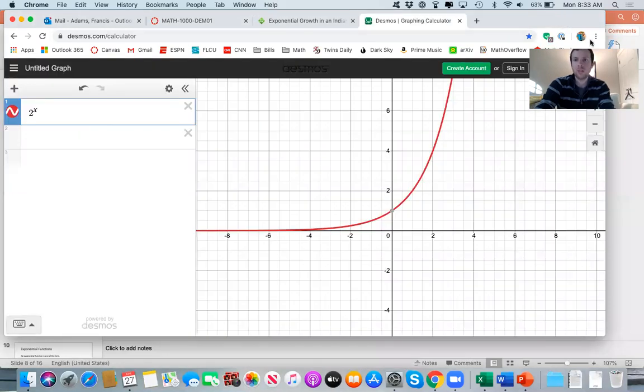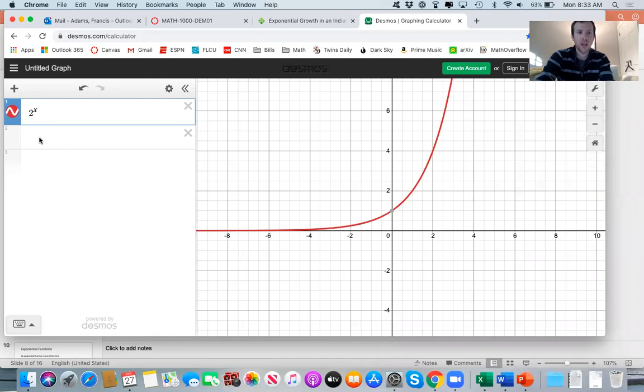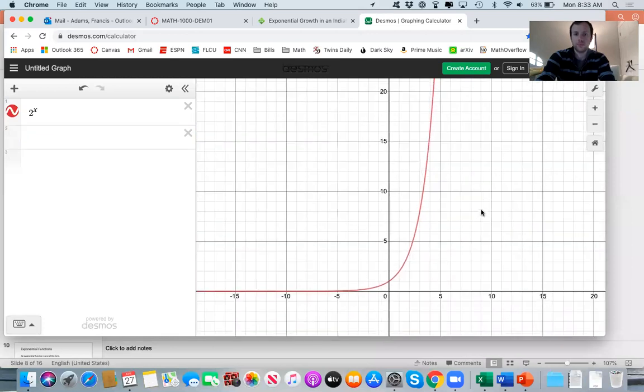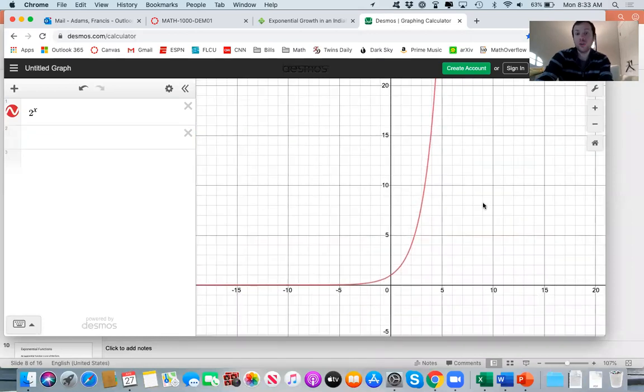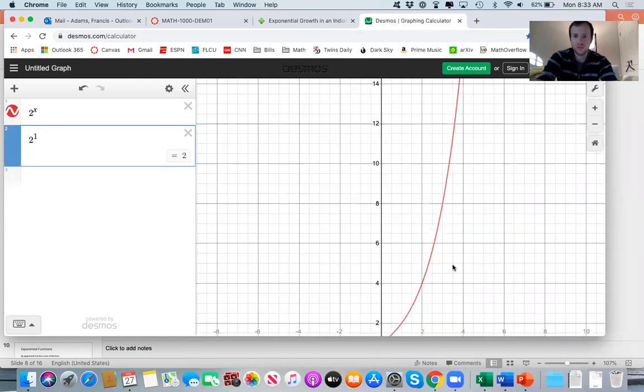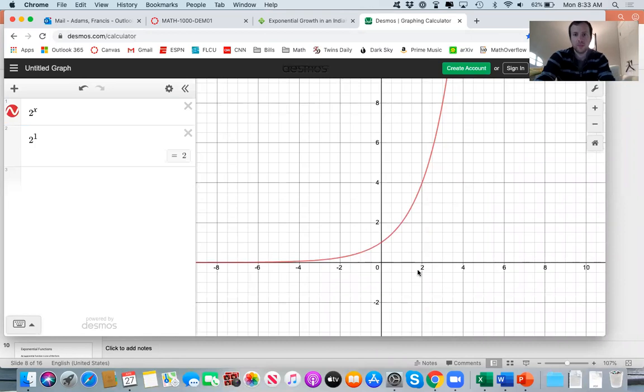So the basic exponential function is 2 to the x. This, in general, is what all exponential functions look like. So if we go out here, 2 to the first power is 1.